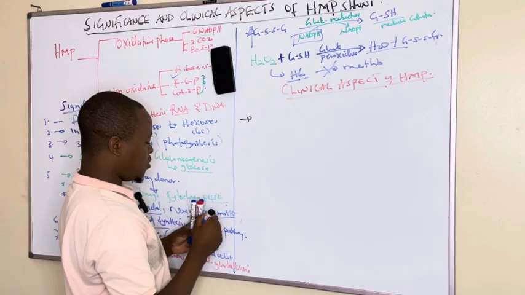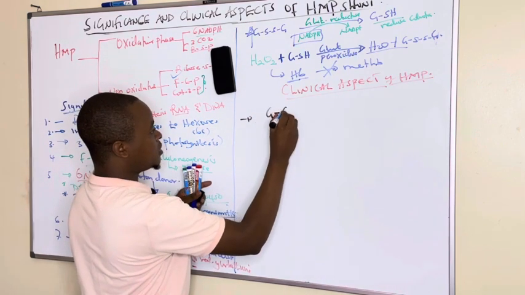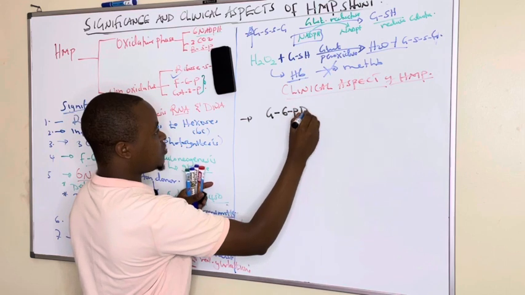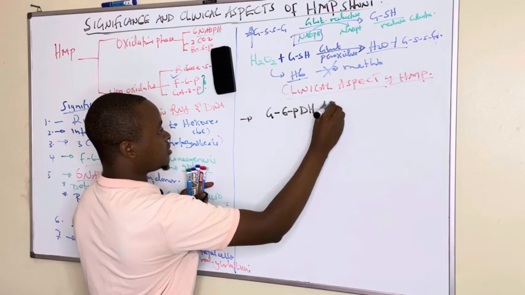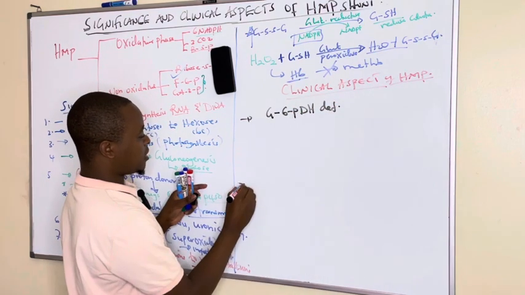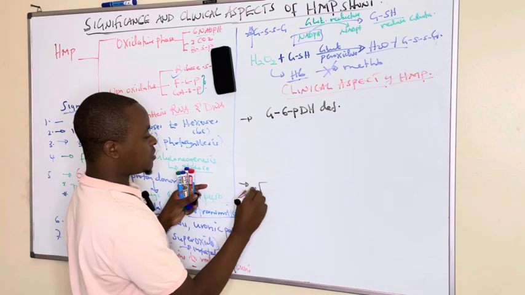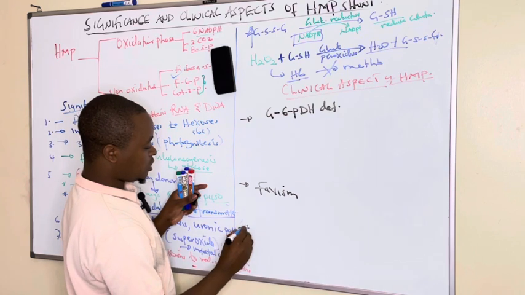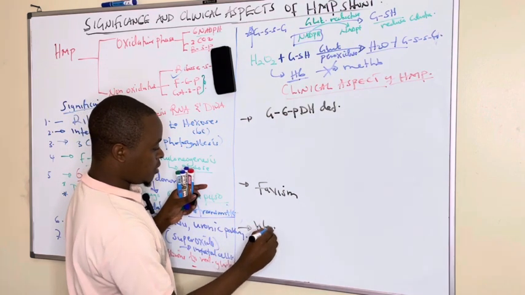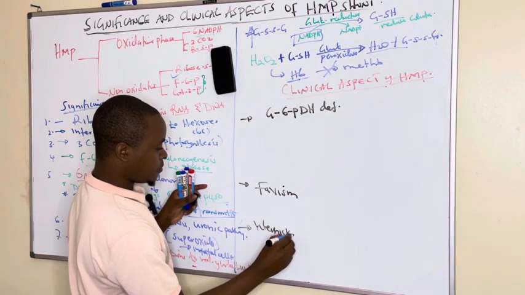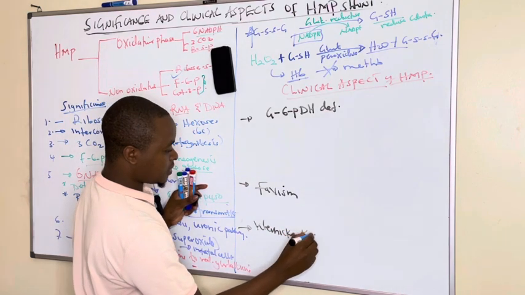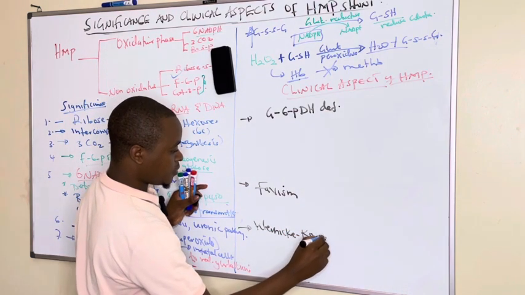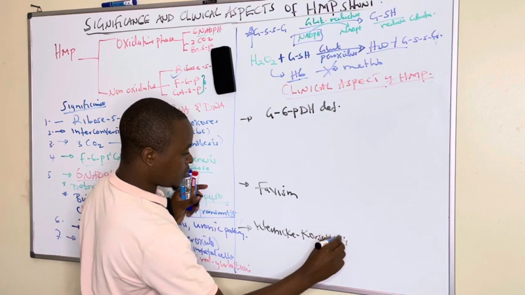There are people who have glucose 6-phosphate dehydrogenase deficiency, and we have another condition which we call favism, and the last condition shall be Wernicke-Korsakoff's syndrome.